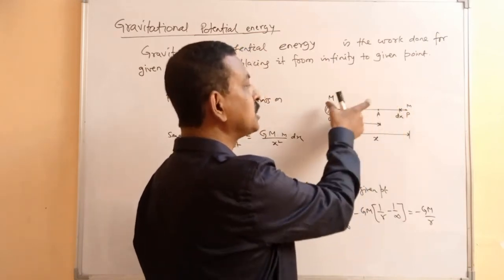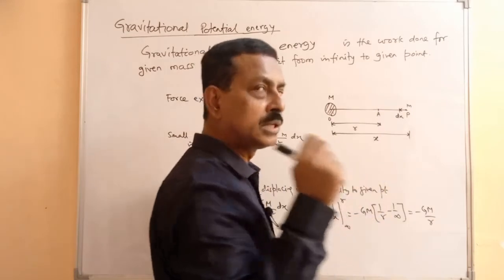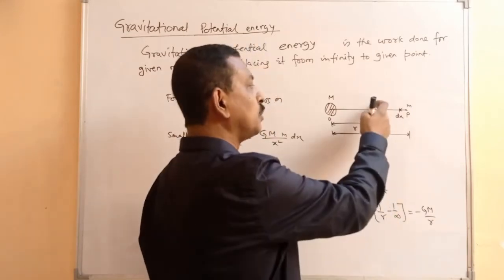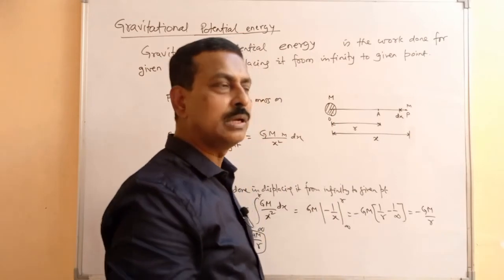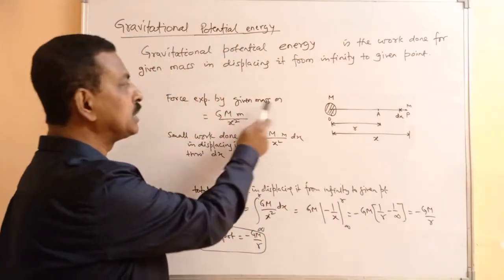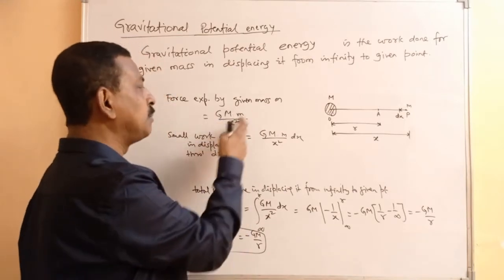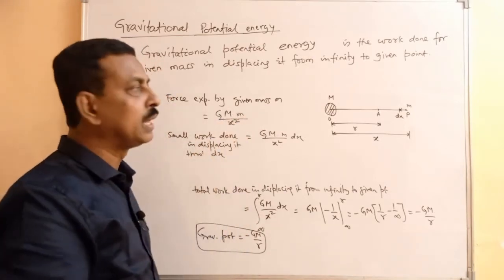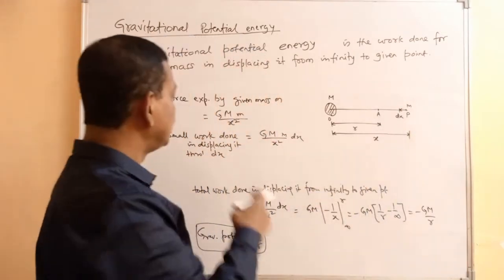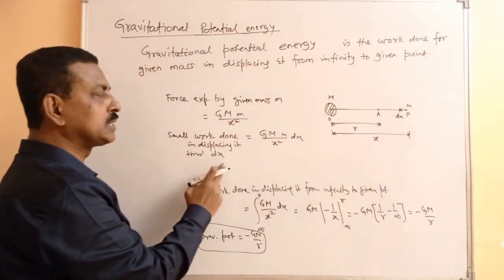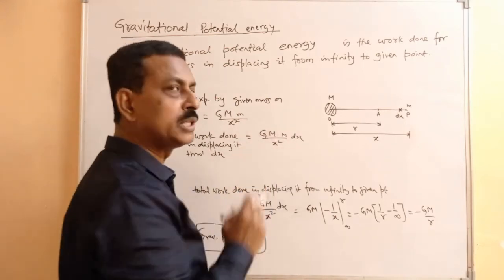We want the gravitational potential energy of the given mass capital M and the test mass small m at a separation r. So the force experienced by the given mass small m will be GMm by x square. Now if this mass moves through dx, the small work done in displacing it through dx will be GMm by x square into dx.